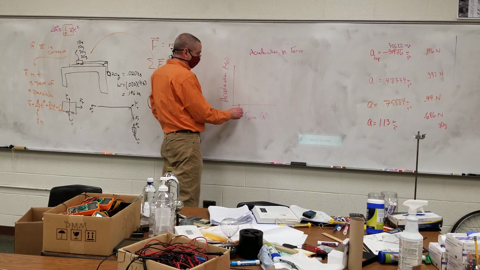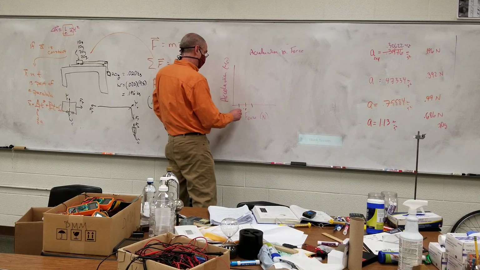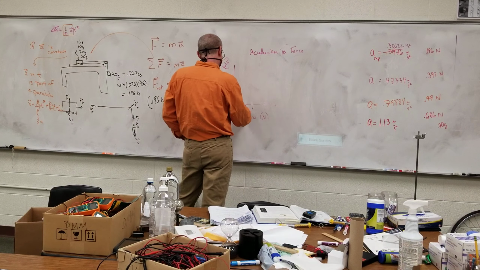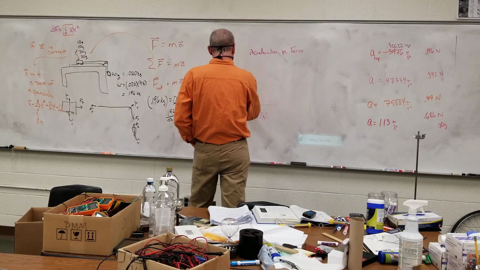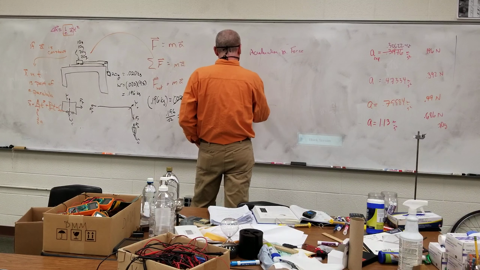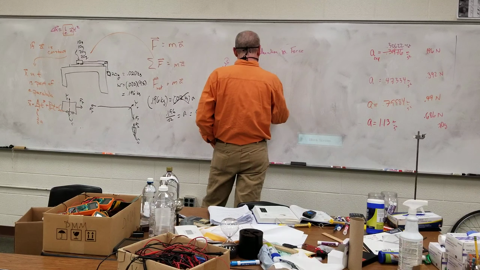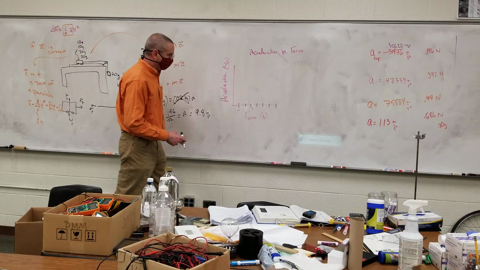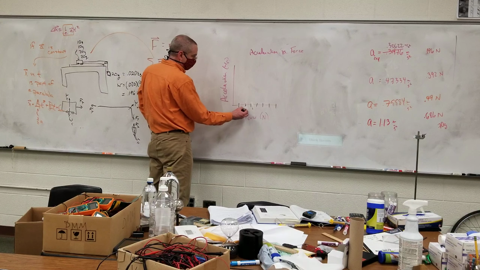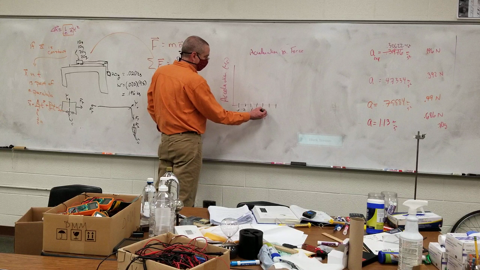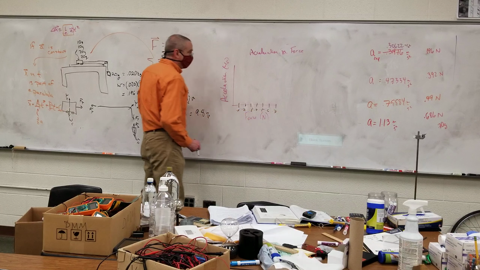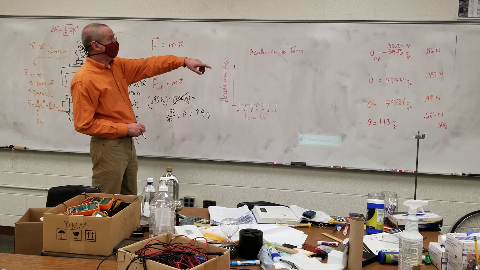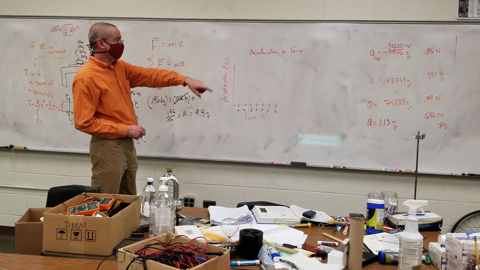So 0.1, 0.2. I probably should put the marks down first before I start numbering. Excuse my back. Roughly equal. So it's 0.1, 0.2, 0.3, 0.4, 0.5, 0.6, 0.7. My acceleration goes from 0.3 up to 1.13.